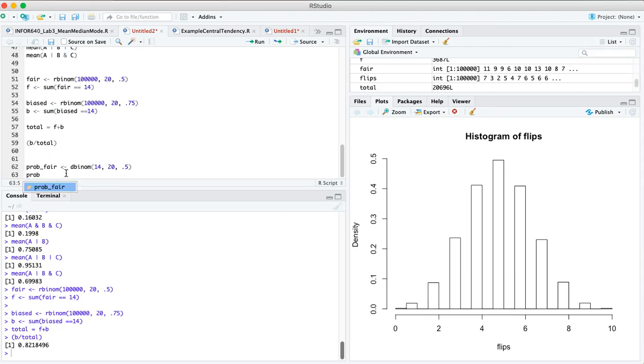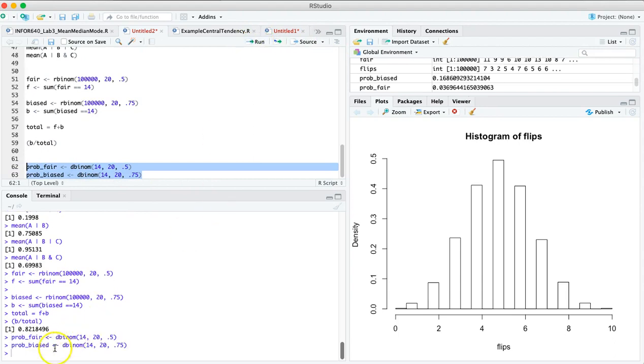And the probability of biased, I'll assign that to dbinom of 14 positive outcomes out of 20 flips for an unfair coin, right? So what is the probability that our coin is fair as opposed to biased? So I'll go ahead and run that code, highlight both lines, run it. All right, and store those variables in memory.